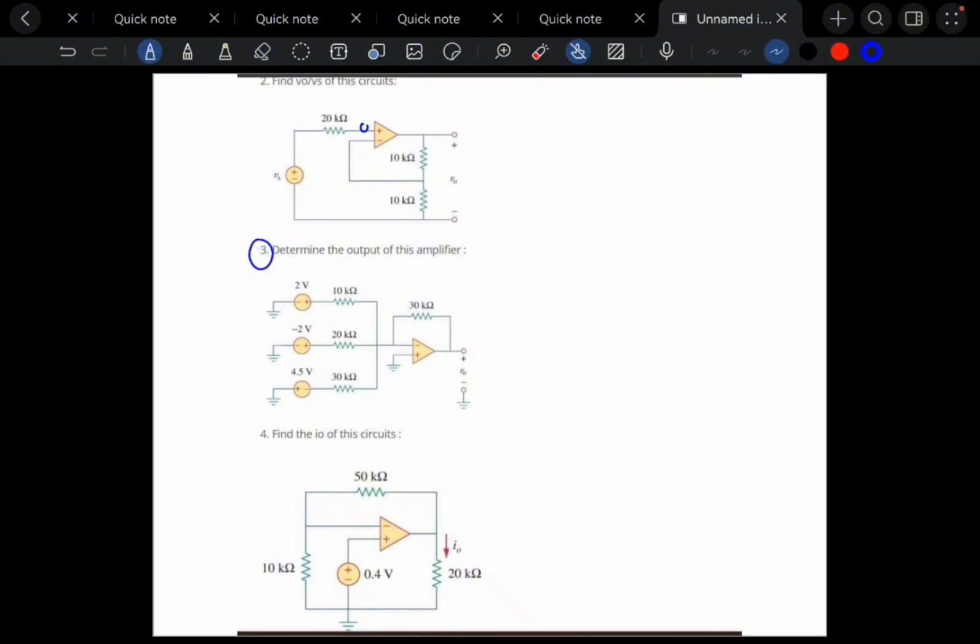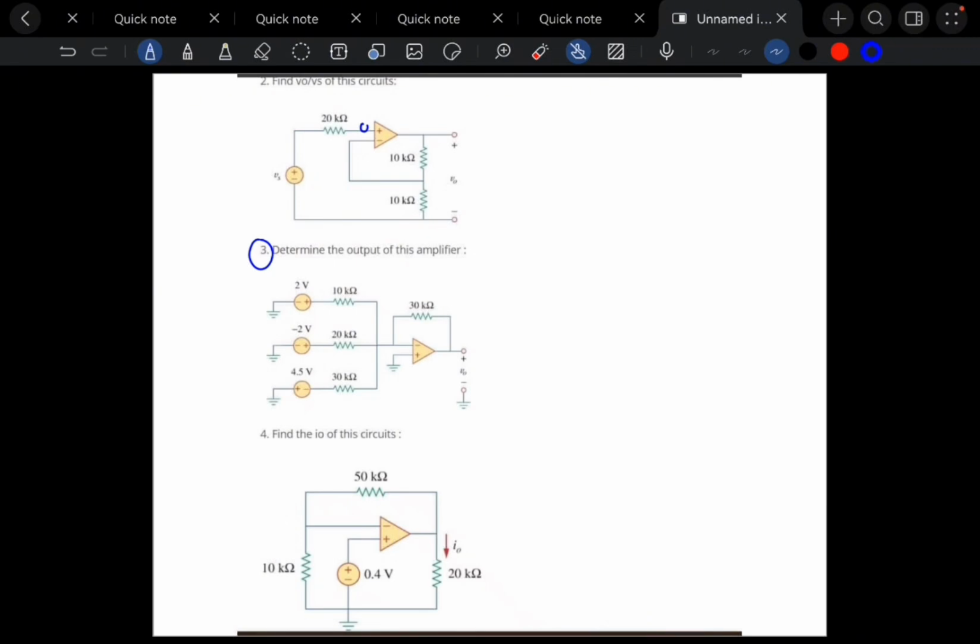Problem number 3. We need to determine the output V0 for this summing amplifier. Don't let the multiple inputs scare you. Notice the non-inverting terminal plus is grounded. For an ideal op-amp, that means our inverting terminal is virtual ground or 0 volt. According to KCL, the sum of the currents coming from our 3 sources must exit through the 30k ohm feedback resistor. No current enters the op-amp itself.